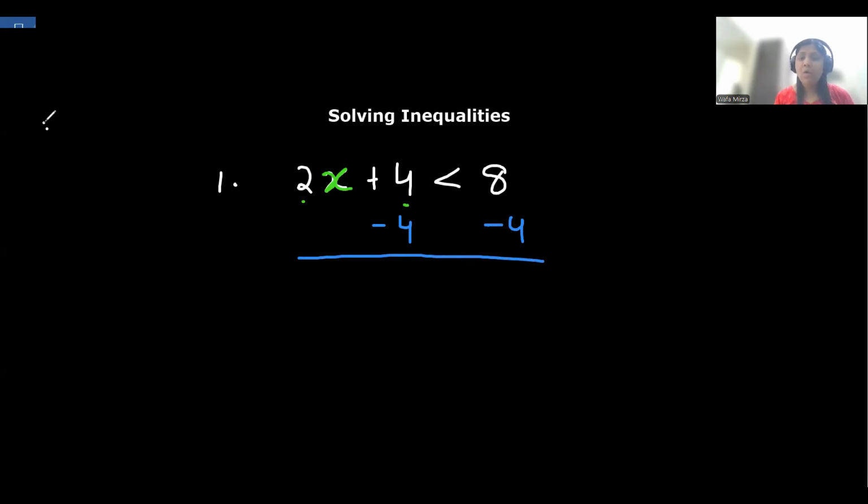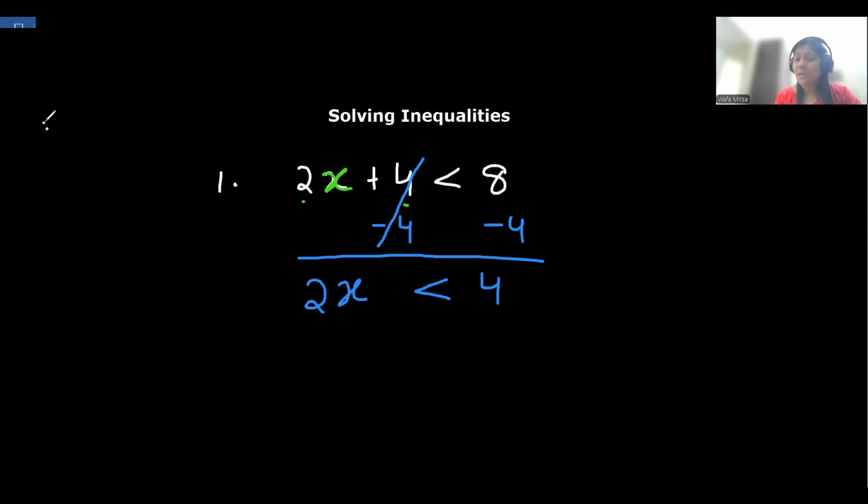Always remember, whether it is an algebraic equation or an algebraic inequality, whatever changes you are doing on the left side of the equation or inequality, the same changes you have to do on the right side. So I am just subtracting 4. So plus 4 minus 4 will become 0. I will get 2x is less than 8 minus 4, which is 4.